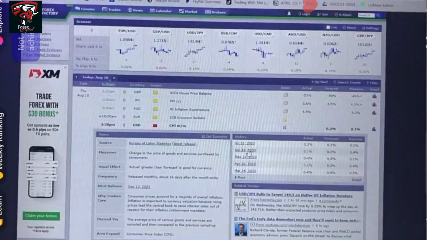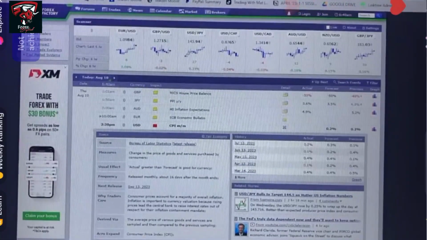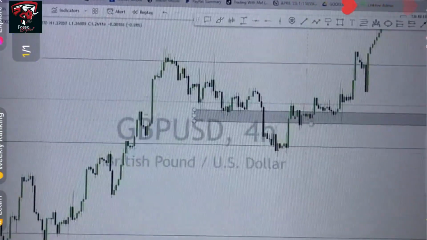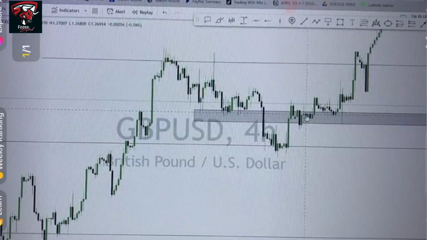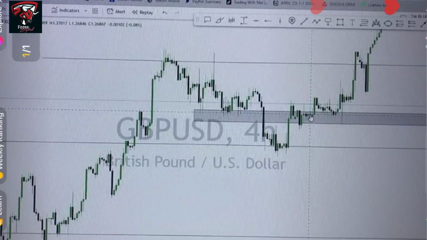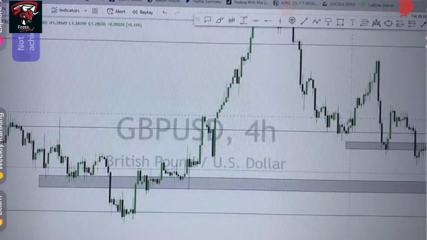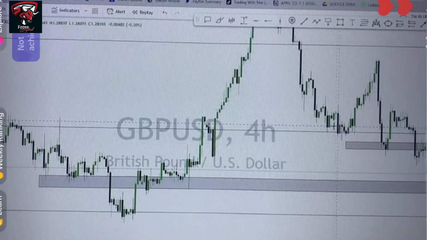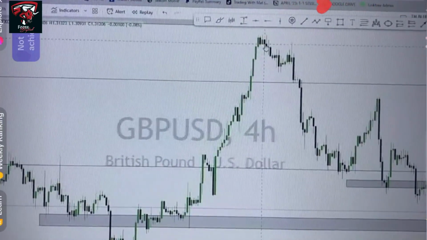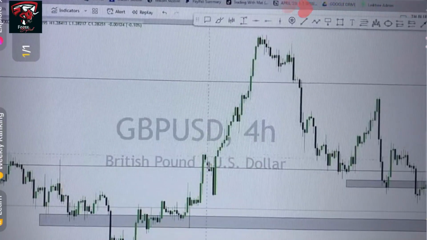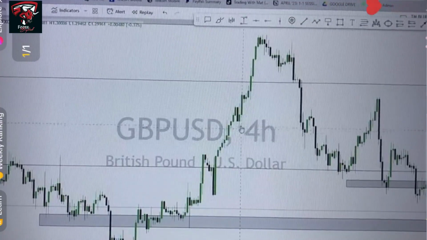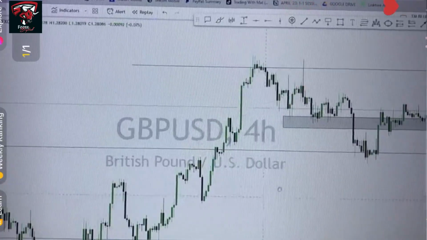So the first one was July 12. So I was right. This area here. No, this is too early. This is 24 July. July 12. No, that's not the one.